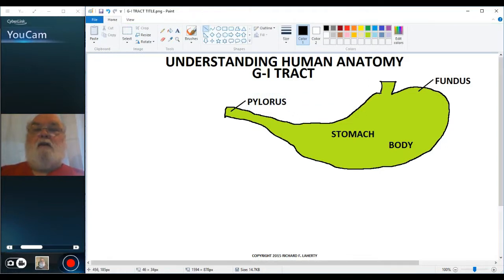And the opening of the stomach into the duodenum is guarded by an enhanced amount of smooth muscle, and that would be the pyloric sphincter.